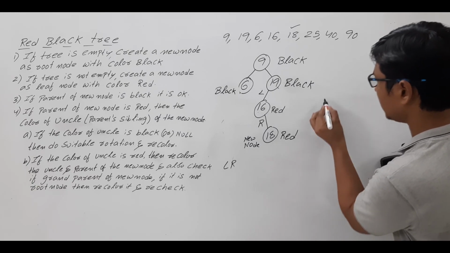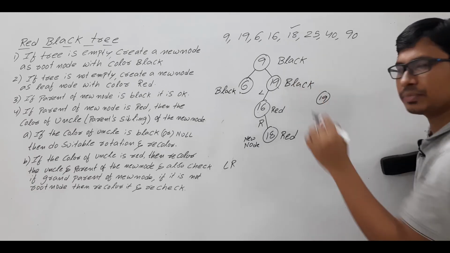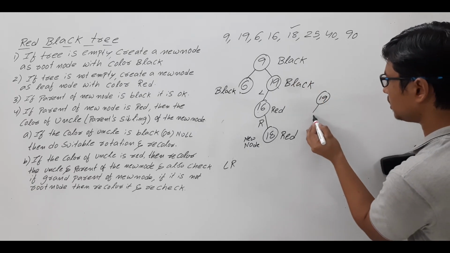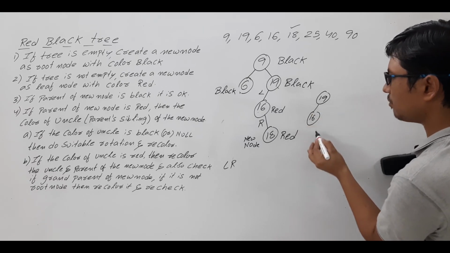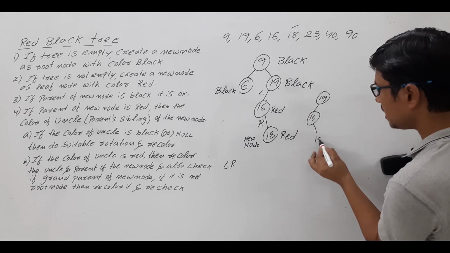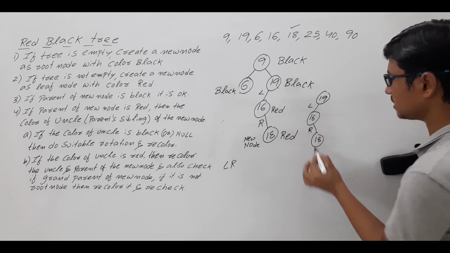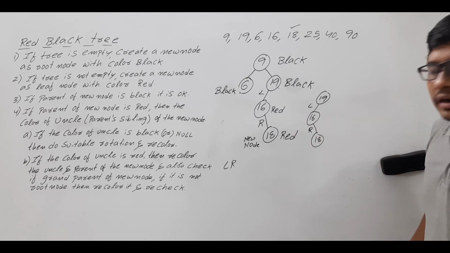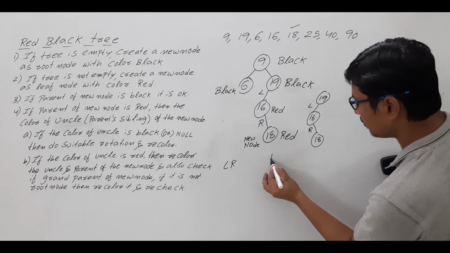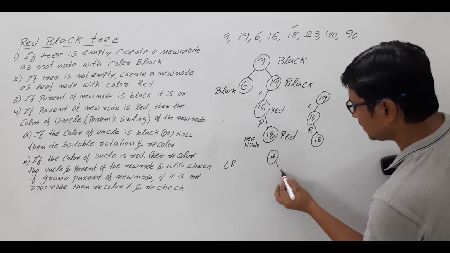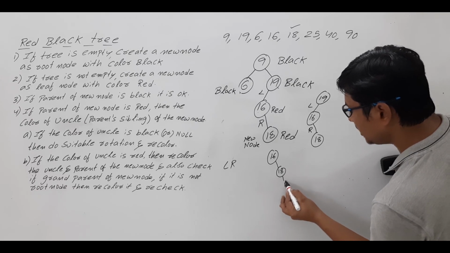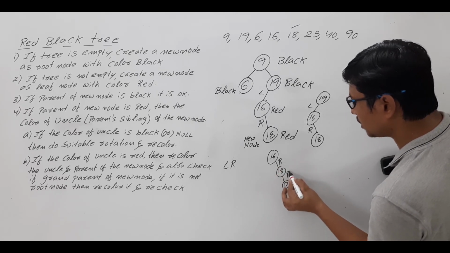So if I take 19, let me write here, then I will represent the colors. First let me do the LR rotation. You have 19, 16 and 18. If I need to do the LR rotation, first I need to do the RR rotation. So I have 16, I have 18, I will take one dummy element, then I will do the RR rotation.